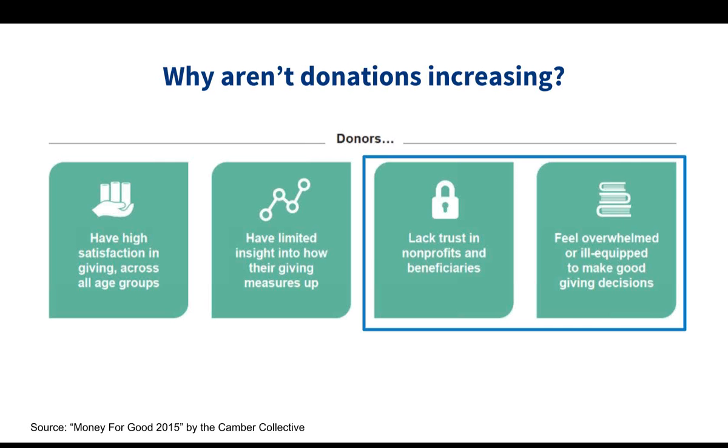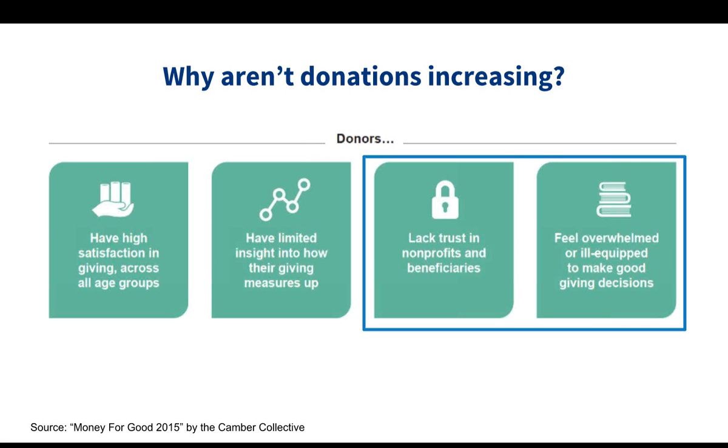The second, and I think that there's ways to provide insight into this for folks, is that people have a really limited insight into how their giving measures up. So what that means is that they assume that they are giving more or comparable to their peers. And so when people understand what their peers are giving, they feel more compelled to give more.